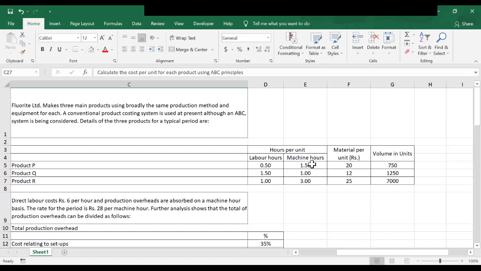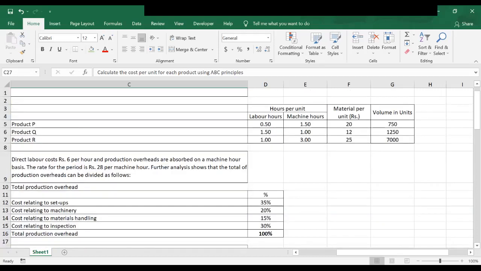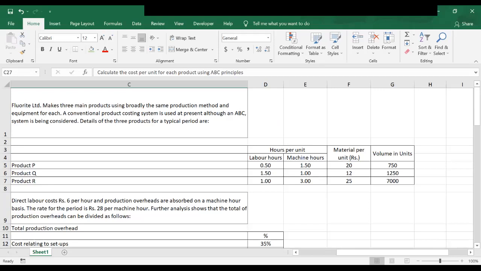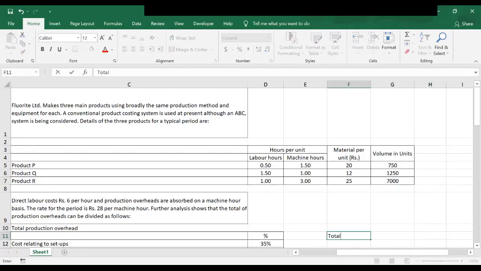To calculate the total production overhead, remember in earlier questions how this 28 per machine hour was calculated. We would have a total production overhead, and from that we had the total machine hours.